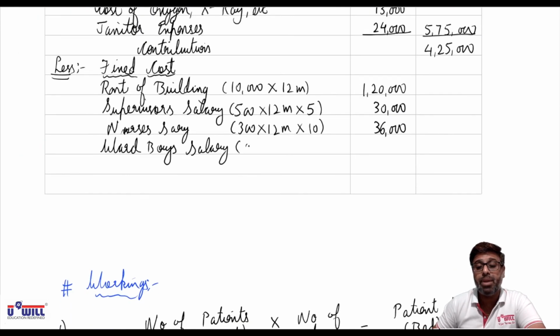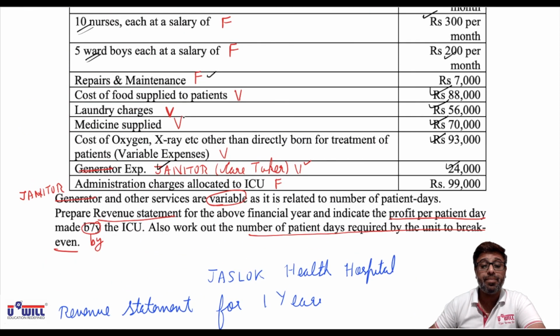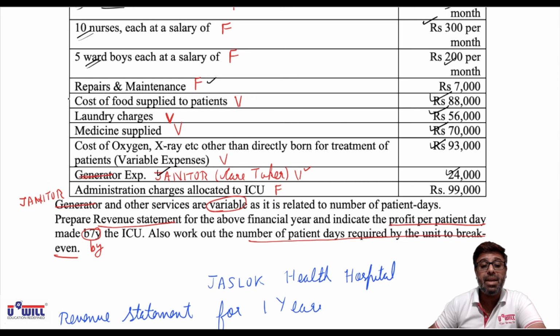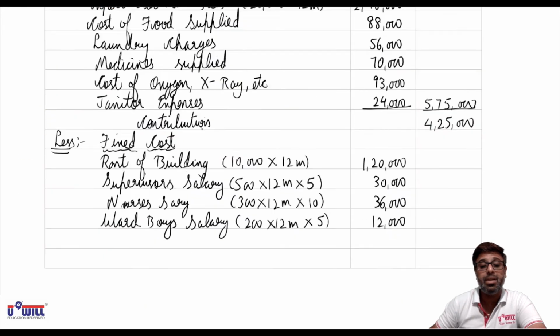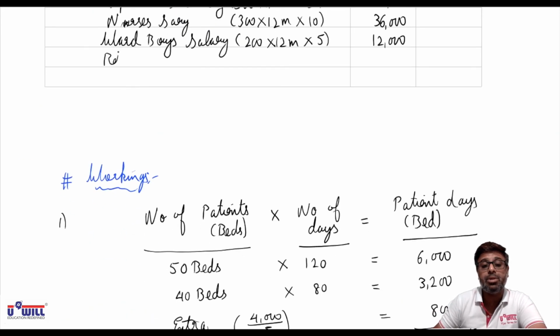So 200 per month into 12 months would be 2,400 into 5 ward boys, so 12,000. Then after ward boys salary we have repairs and maintenance 7,000, fixed amount directly. Repairs and maintenance 7,000.